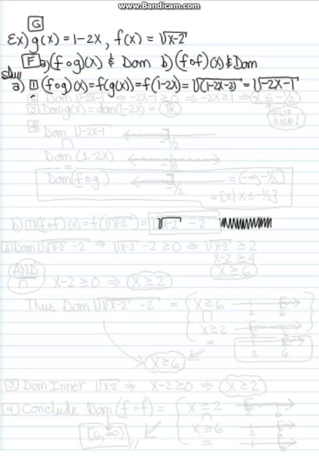Step 2, find the domain of that formula. Now that's a square root, an even index root, so we are required that the radicand under the radical sign has to be greater than or equal to 0. So the domain of this square root implies that the radicand negative 2x minus 1 has to be greater than or equal to 0. So solve that inequality for x.